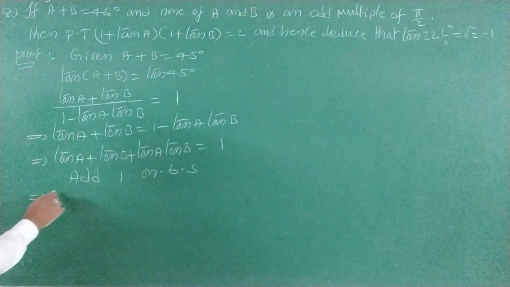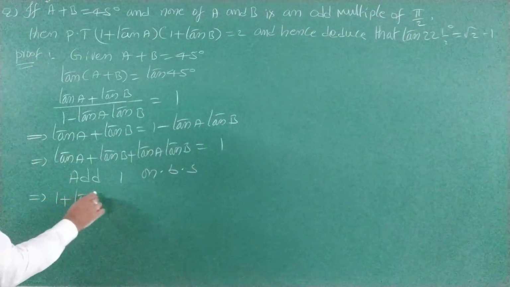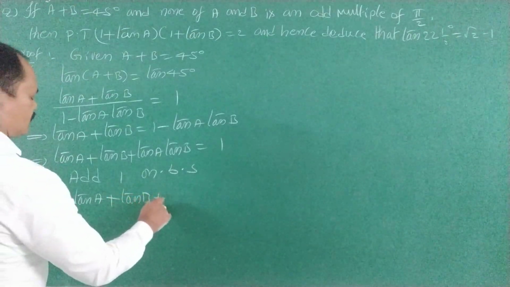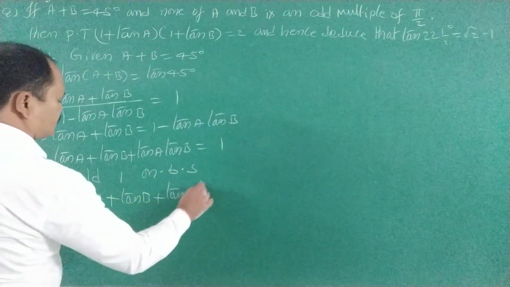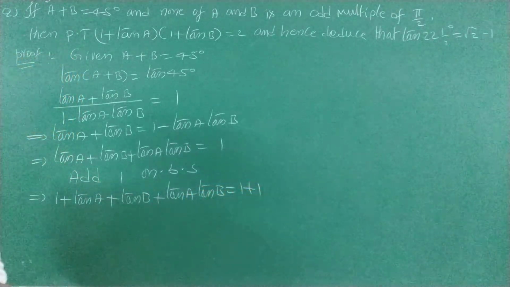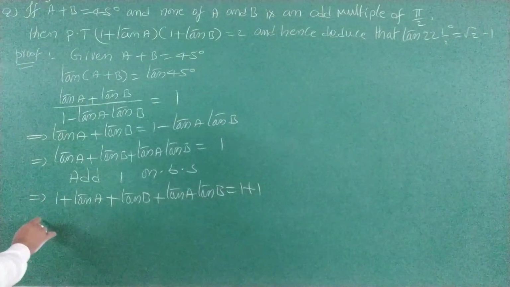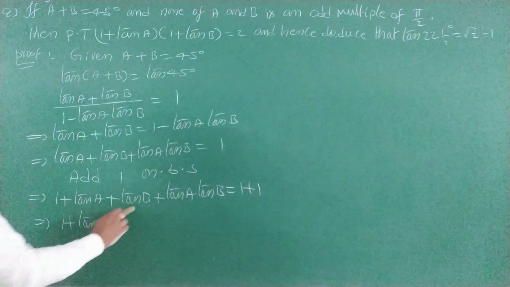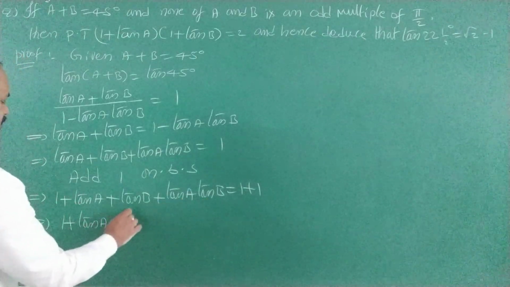Then 1 plus tan a plus tan b plus tan a tan b is equal to 1 plus 1. That's it. Now here 1 plus tan a, take common tan b from this.